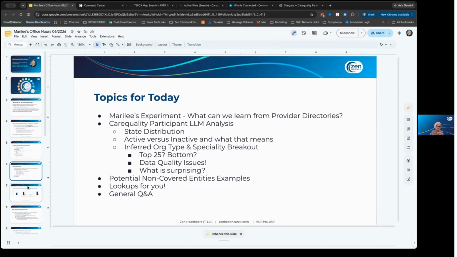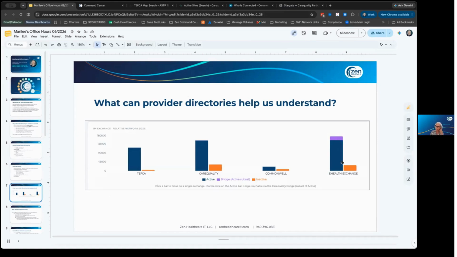If I drop into the networks itself, if I look at eHealth Exchange, this looks so large because in this particular view, we're showing eHealth Exchange plus Carequality entries. So this is kind of a combo view. This view of Commonwealth is just Commonwealth by itself.